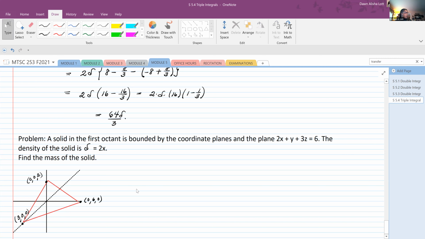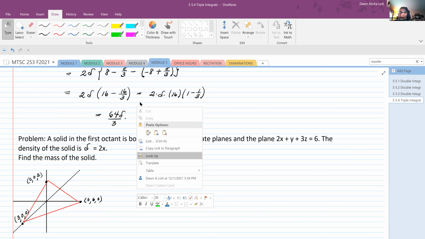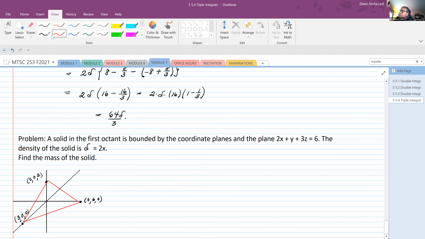Now, they tell you density. So the equation of this plane is z equal to 1/3 of 6 minus 2x minus y.